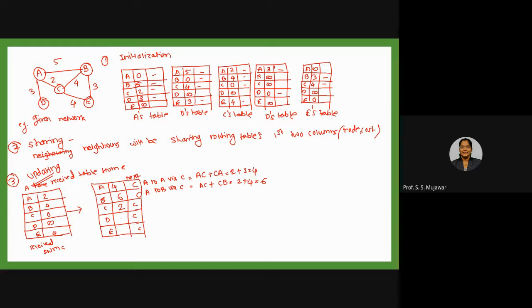For D also, we are not aware of the value, because it is not known and we are calculating through C only, so we write infinite here, and here we will write 6. Okay, to reach E through C, the distance is 6. So this is A's modified table. Fine. Now this is the modified table. Now we are going to compare this with A's earlier table.